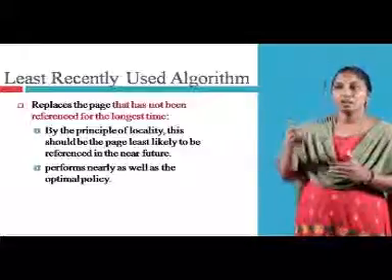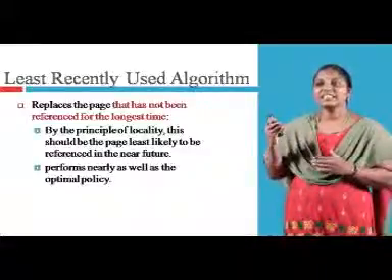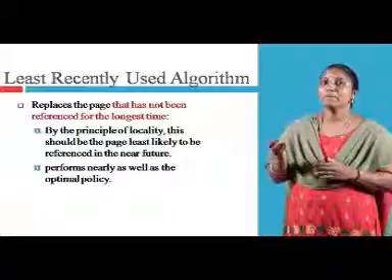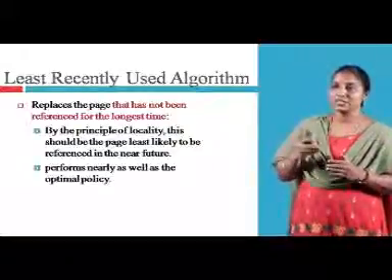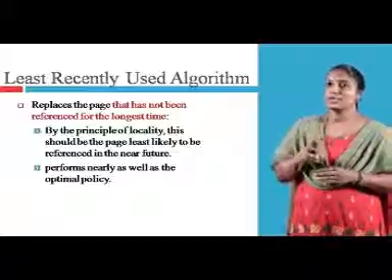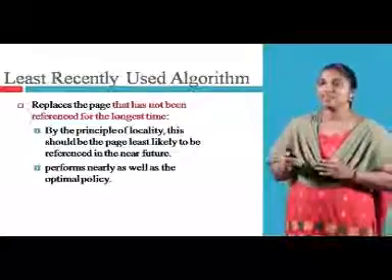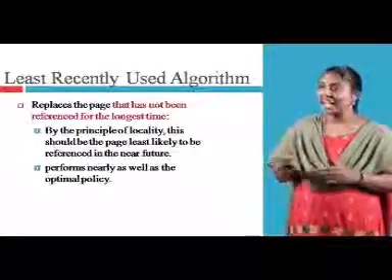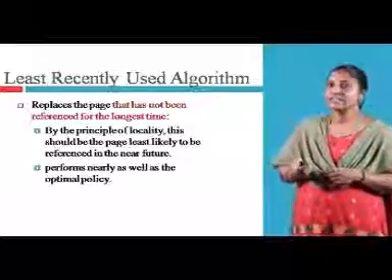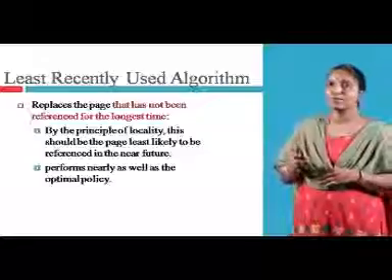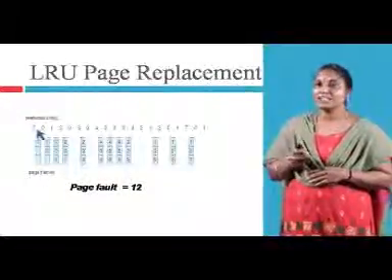In optimal replacement we consider the page which is not used in the future, but in the least recently used method we use the page which was not used in the past. That is the main difference between optimal page replacement and the least recently used algorithm. Next we will see the example for the same reference string, and how the LRU method is used.